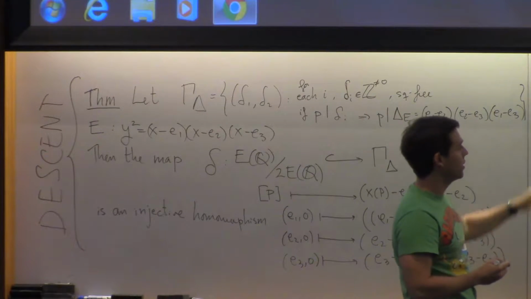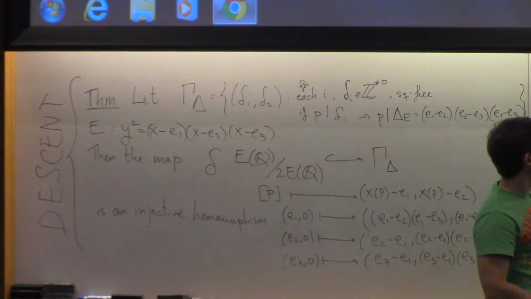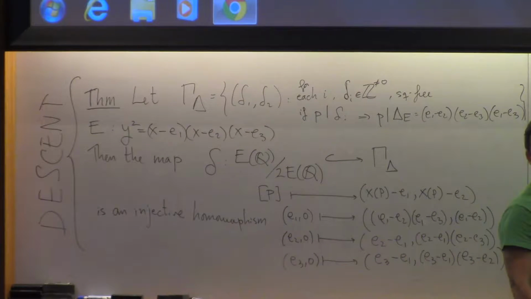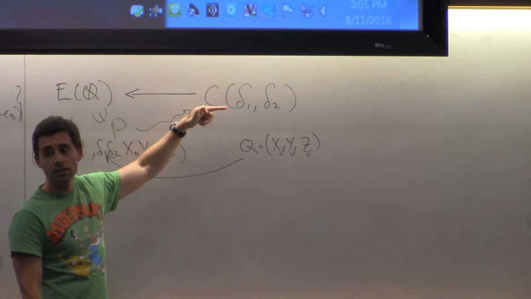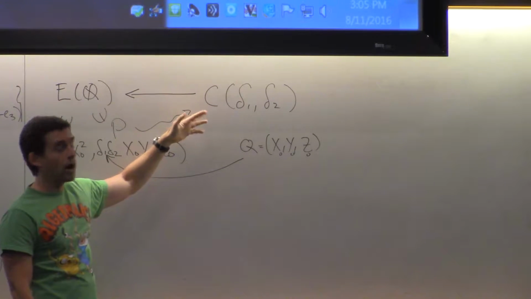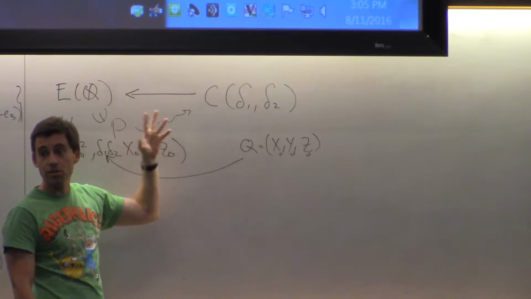And the beauty of it is that these maps going from here to here are height increasing, meaning the height of the point that we talked about. So going in that direction, they're height decreasing. So it's easier to find points here than finding points here because the coefficients are smaller.